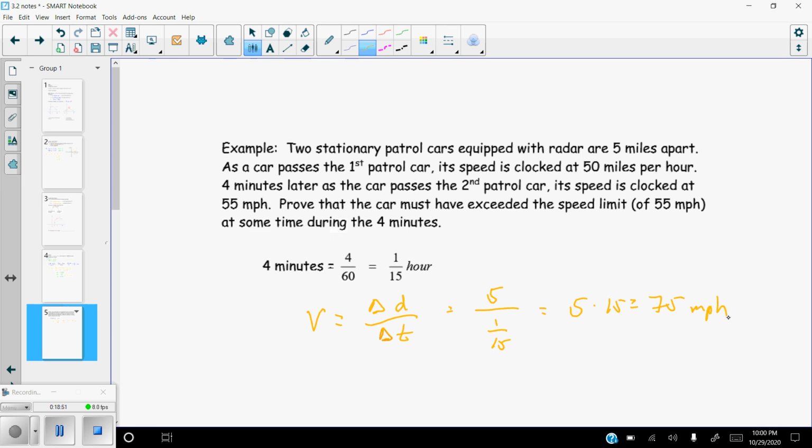So that tells me this person was flying in those 5 miles in between the two speed traps, and they noticed the police cars and slowed down appropriately, I guess. But that would be an example of the mean value theorem, because what we just did was we said that the average velocity, which is this, equals the instantaneous velocity, which is that one, somewhere in between the two.